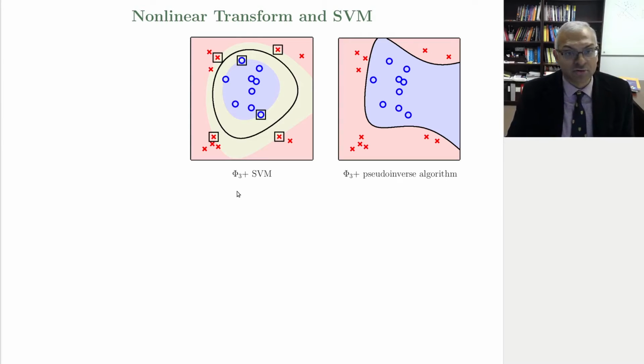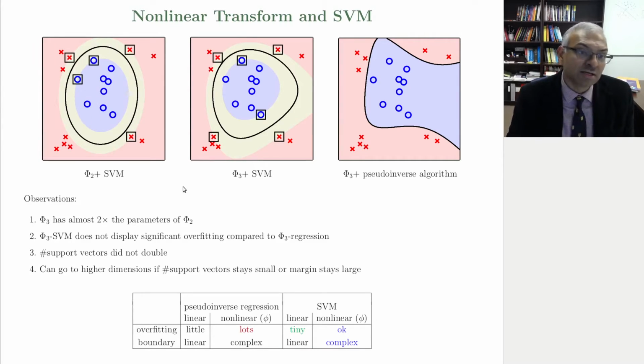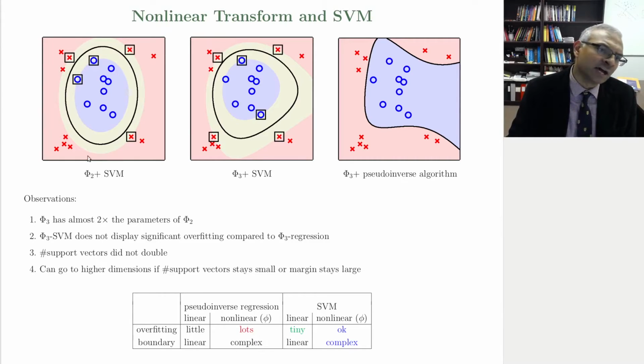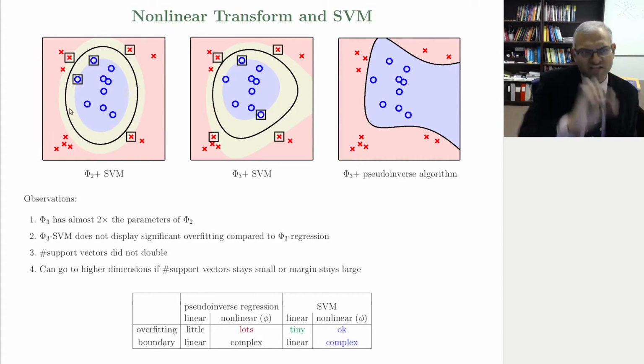Now, just for comparison, I also did the transform to the second order polynomial space and used the support vector machine, the optimal fat hyperplane, and you see it's beautiful. This is basically the target function, more or less. Now we have 1, 2, 3, 4, 5 support vectors, and we have a nice yellow, fat separator.